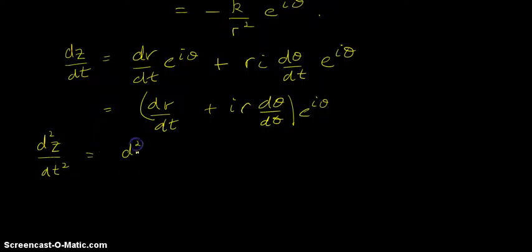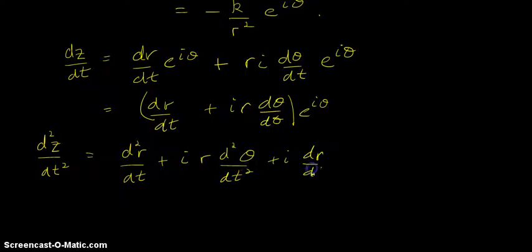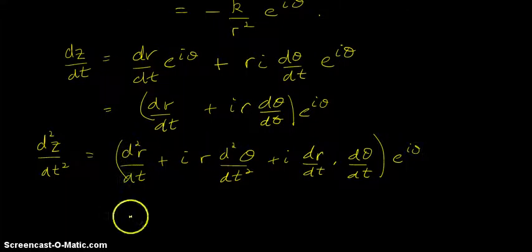So off we go, d2r by dt squared plus I r d2 theta by dt squared plus I dr by dt times d theta dt, times e to the I theta, plus, and now we leave this term alone and differentiate this one.